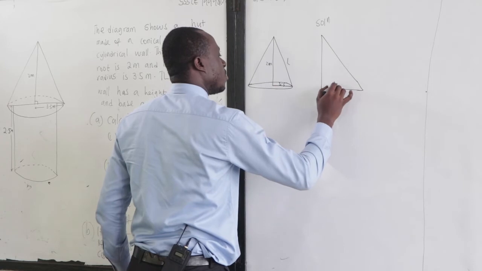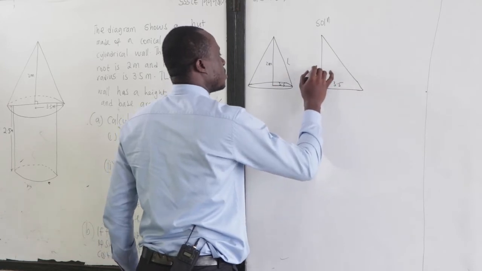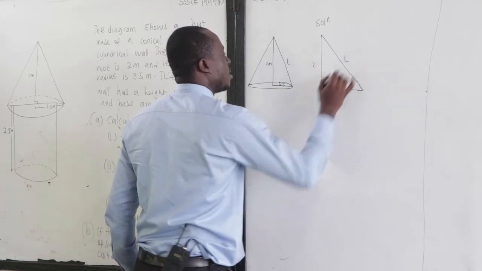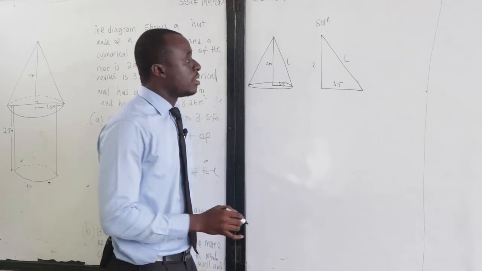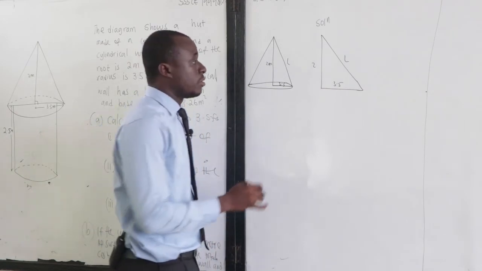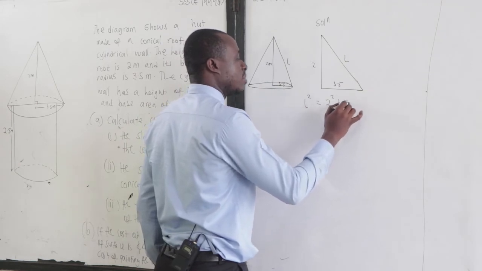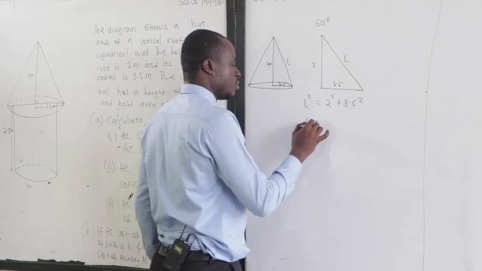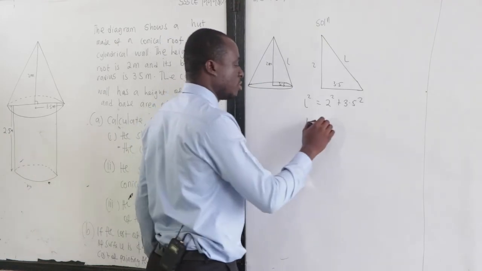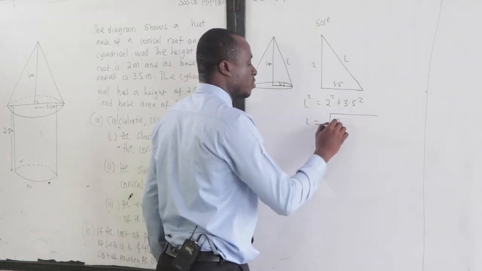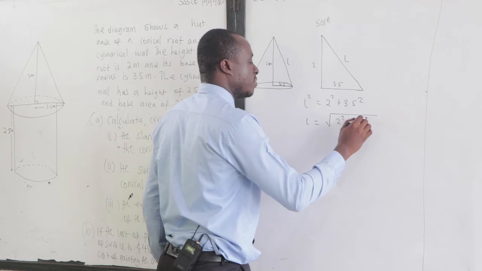Now this is 3.5. This is 2, and then this is l. So from the right angle triangle, that is from Pythagoras' Theorem, what can we see? l squared equals 2 squared plus 3.5 squared. So the square will now change to a square root. You have the square root of 2 squared plus 3.5 squared.